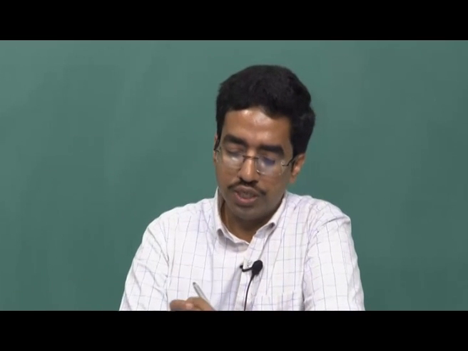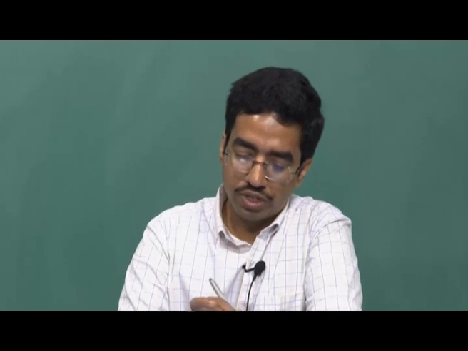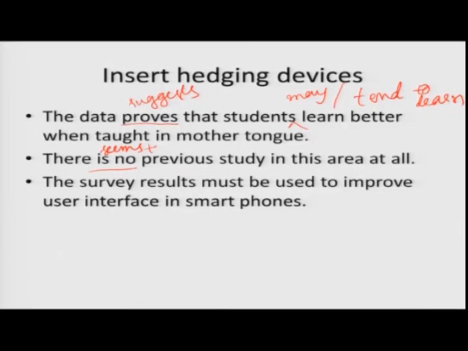So, instead of saying there is no previous study in this area at all, you can say there seems to be no previous study in this area. And this is a strong one, delete it, or you be little more specific. So, you break it into further area and say in this part has not been studied.